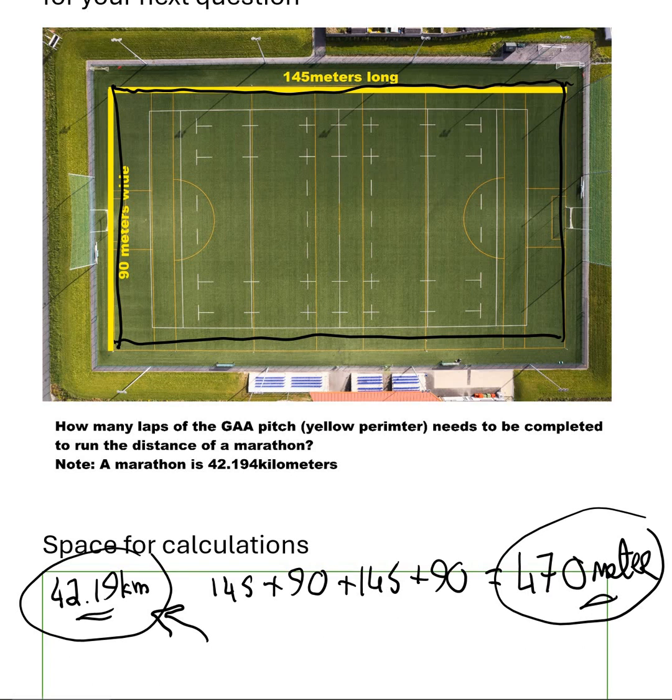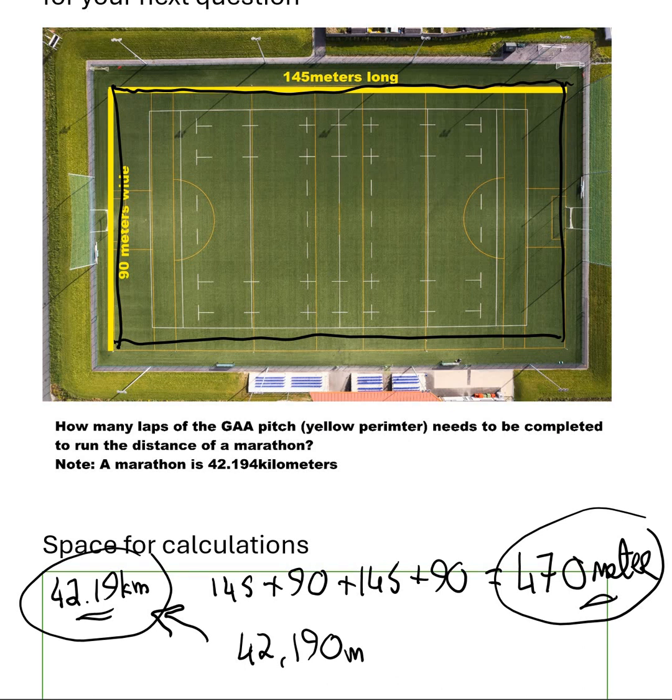So when I multiply 42.19 by 1,000, I get 42,190. Now this is meters. So 42,190 meters in a marathon. The perimeter of a pitch is 470 meters.